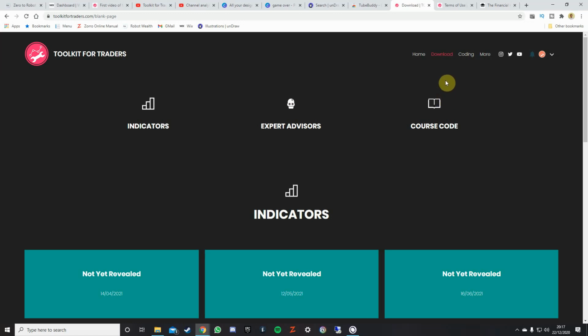Also I can send you emails when new ones are coming out, and it helps me know who's coming. You can also agree to the risk disclaimers before you download EAs. So do come on the website. It's totally free. There's nothing on here that's going to cost you any money, and I'm not doing anything with your data. It's just purely a place where you can come and talk to each other and get the indicators and EAs.